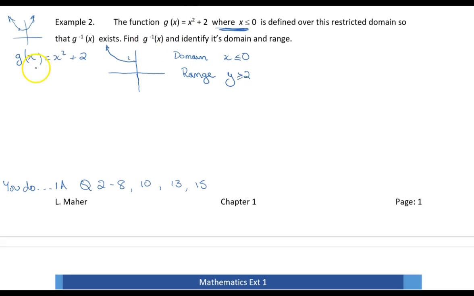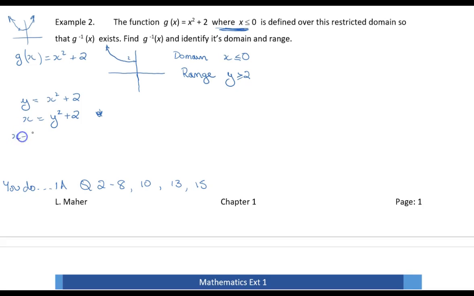Okay, let's go straight into finding the inverse. So we're going to replace this with a y just so we can do the swap. Now we're creating the inverse. X goes here, y squared goes there. We've created the inverse in that line.